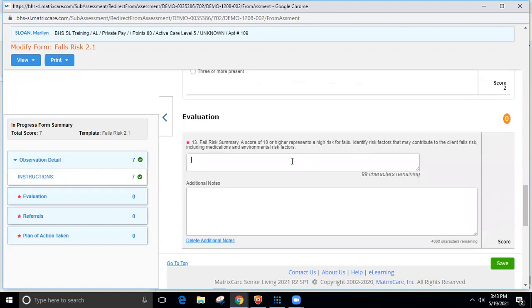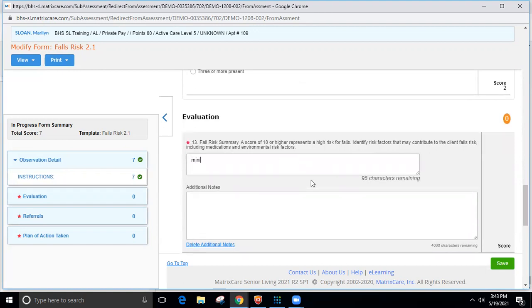And then of course the evaluation is minimal falls risk, has pendant to alert staff, maybe has 2 night safety checks.